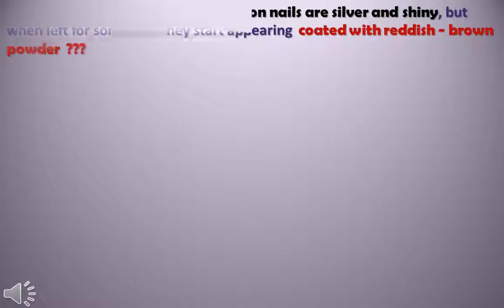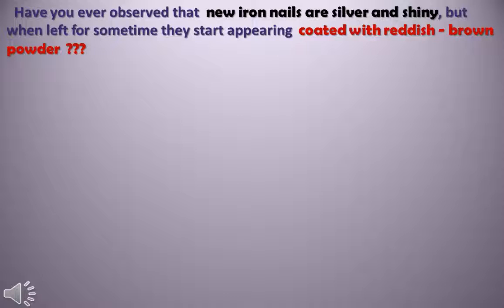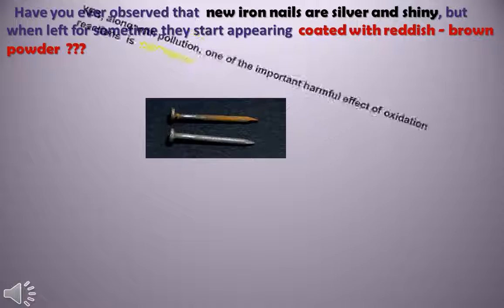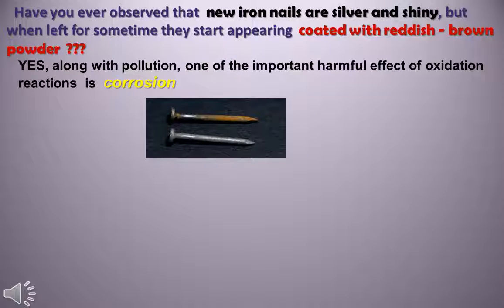Now, have you ever observed new iron nails that are initially shiny and silver, but when left for some time they start appearing coated with a reddish brown powder? I know you all have seen this. Yes, this is another harmful effect known as corrosion.